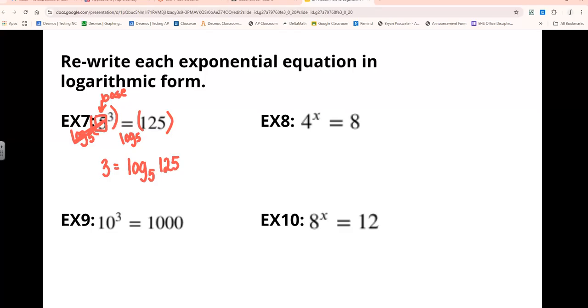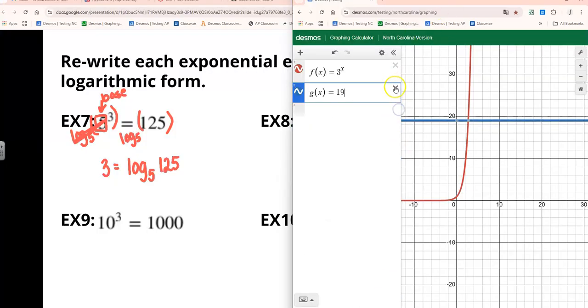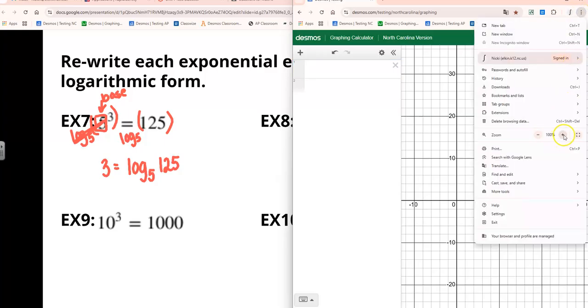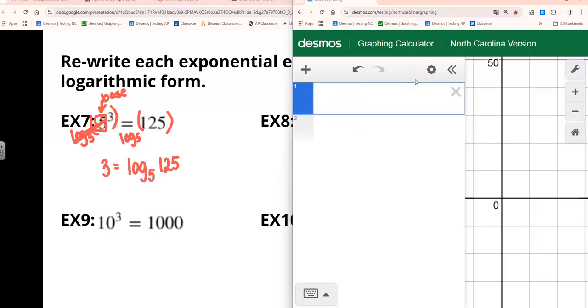Now let me make sure everybody knows, I'm going to type it so you can see even another version of this. So what I'm looking at is log base 5 of 125. That's what it looks like typed.